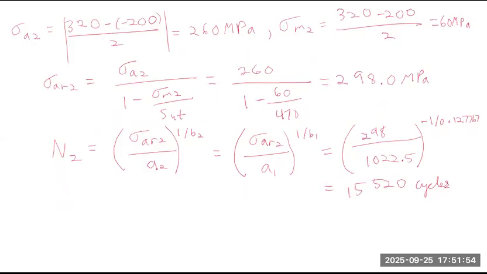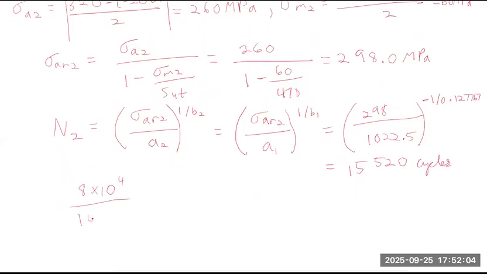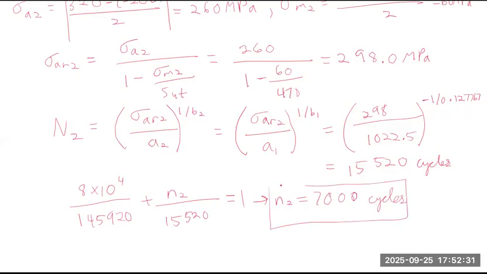So 8 times 10 to the 4 cycles over N1, which is 145,920 cycles, plus n2 over 15,520 cycles equals 1. And solving for n2, we have that n2 is equal to 7,000 cycles. And this one is our answer.